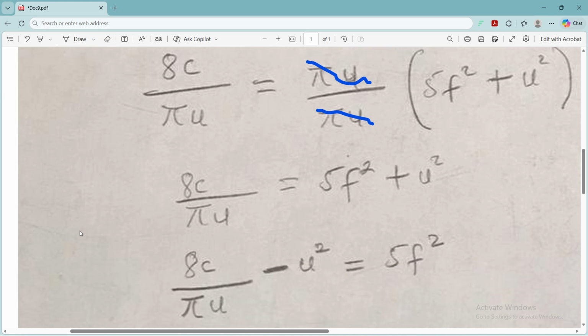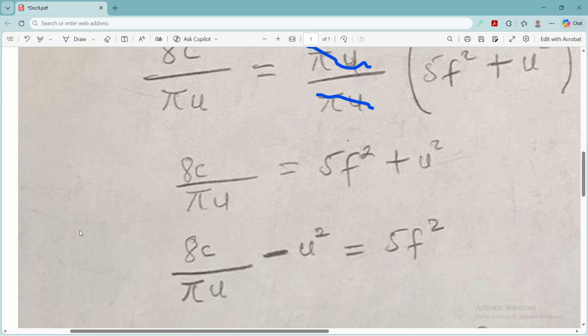So we are going to have our equation to be the fraction 8c over pi u minus u squared, right, equals 5f squared, because we are asked to make f the subject of the relation, right?